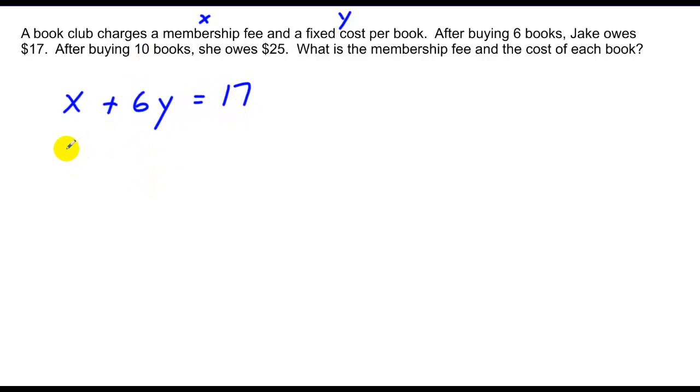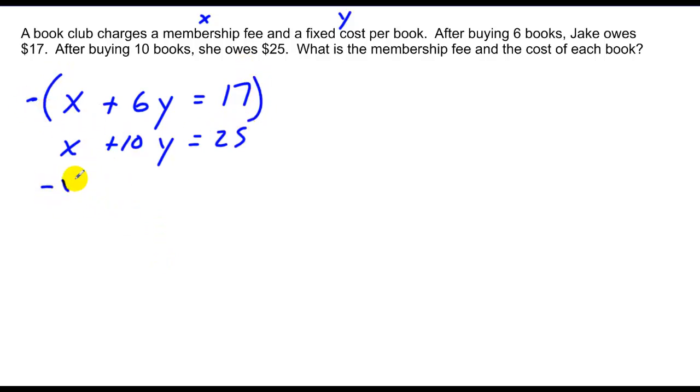Whereas the second guy, charge him his membership, charge him a cost for each of his 10 books, that person's going to go 25 bucks. And there's my system. Now what I can do is I can multiply this top equation by -1.